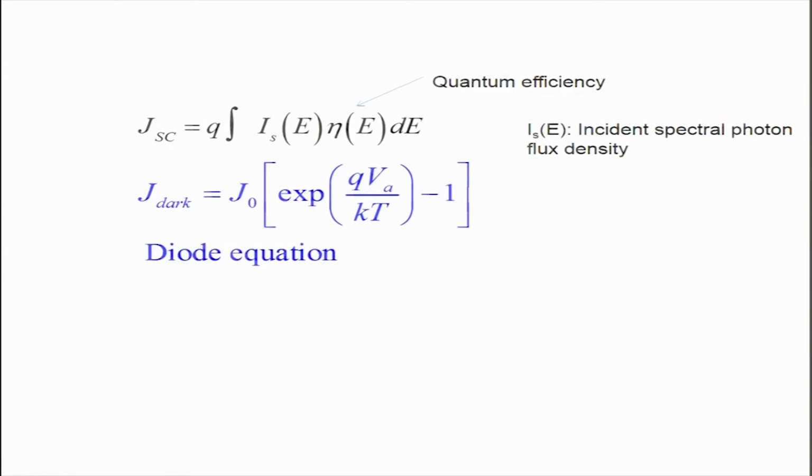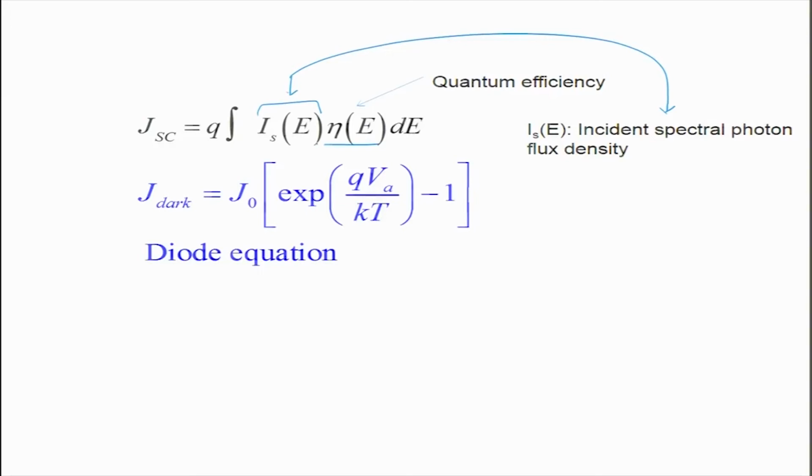The current that we extract from a solar cell is depicted as JSC equal to Q times the integral over all energies of IS(E), which is the incident spectral photon flux density, times eta(E), the quantum efficiency.